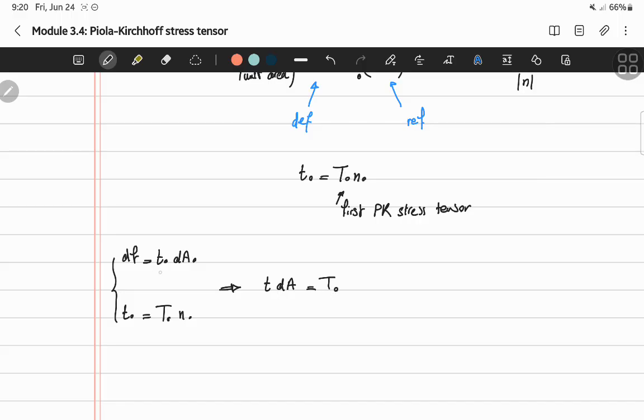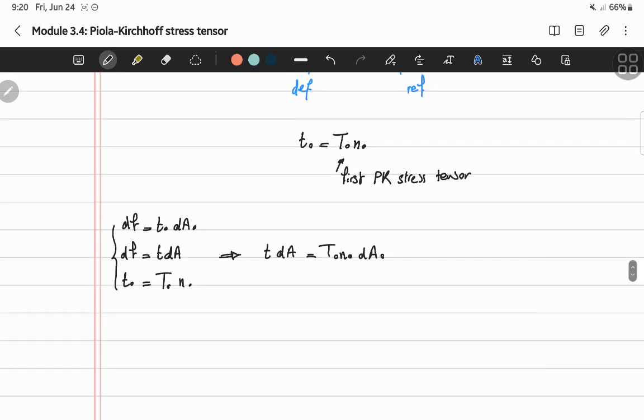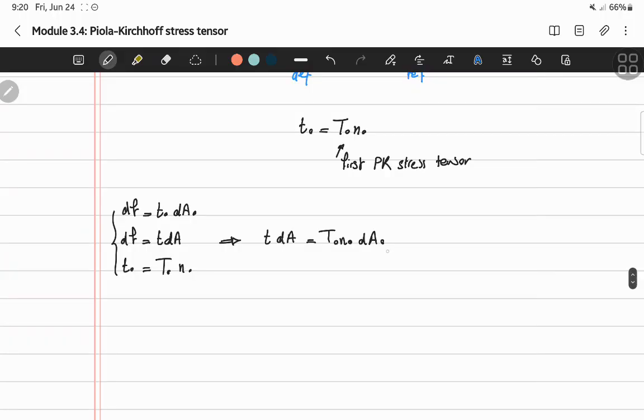So I replace this T0 with capital T0 and N0. And it might be a good idea to write df also as T dA. So we have T0 and N0, and then we have the rest of the equation, dA0. So here we're going to find T0.